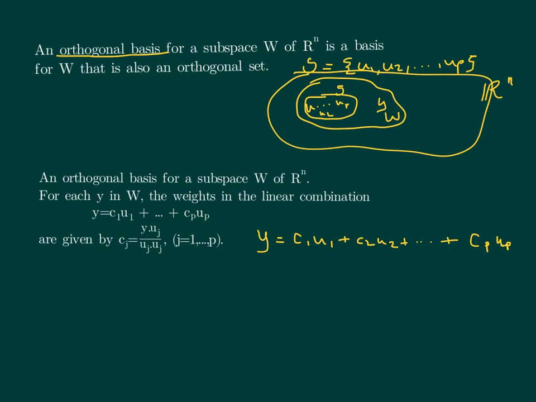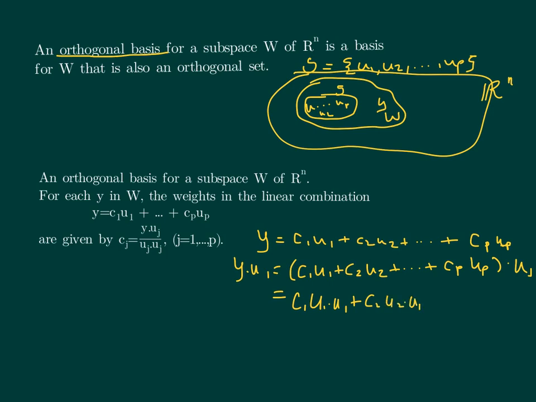So if y is written as a linear combination of the u's, then as an example, we could say y dot u1 is equal to this linear combination dot u1, which then we've got c1 times u1 dot u1 plus c2 times u2 dot u1 plus cp times up dot u1.